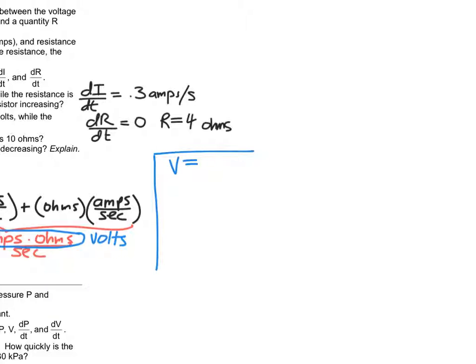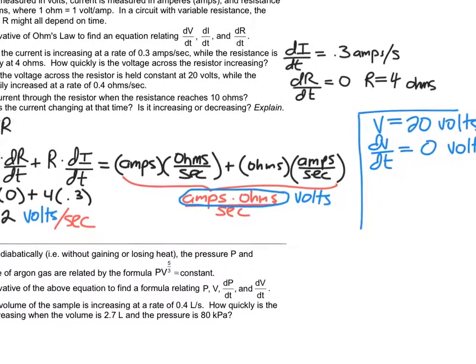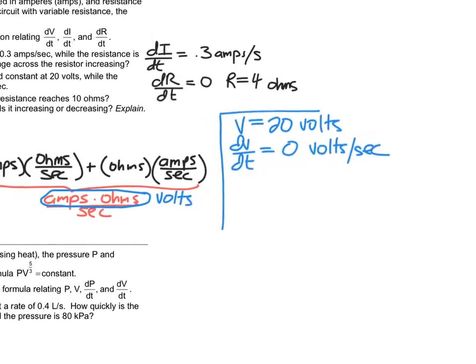So our voltage is 20, but it's constant, while the resistance is steadily increased at 0.4 ohms per second.